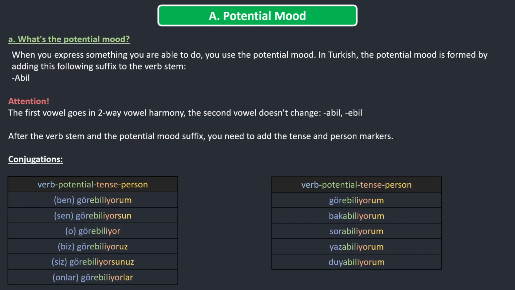Duyabiliyorum, I can hear. So what you need to do here is memorize these verb stems. You need to expand your vocabulary. You need to learn nouns, adjectives, adverbs, and verbs. When you know the verb, you need to remove the infinitive ending and get the root of it. Then you can start adding your suffixes.